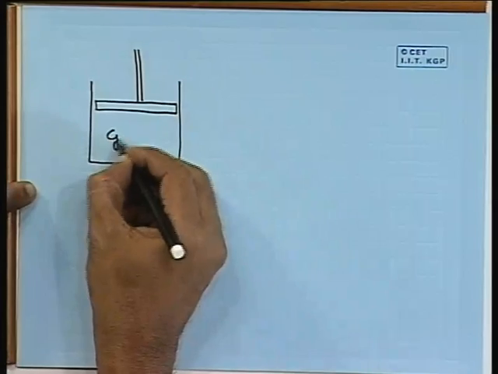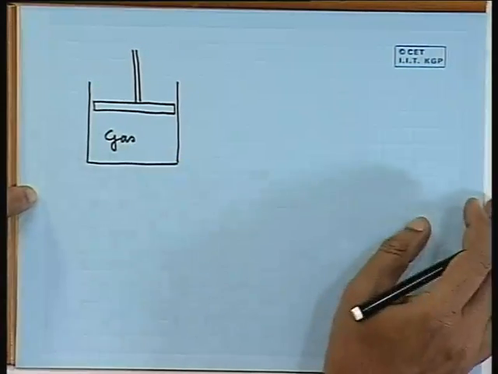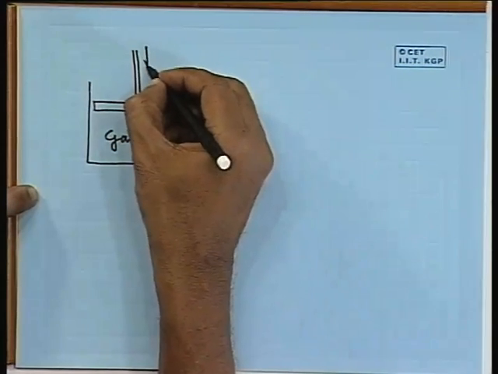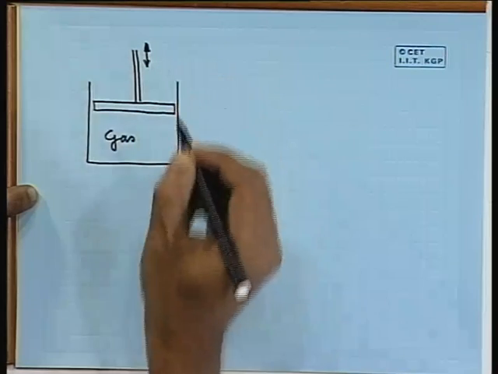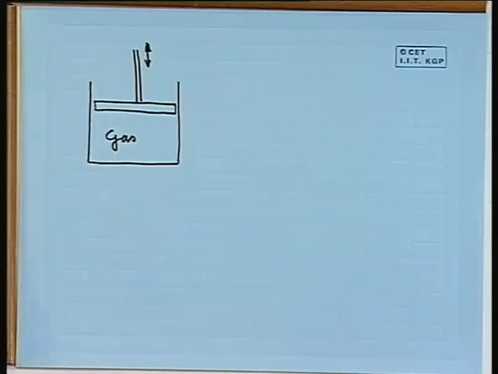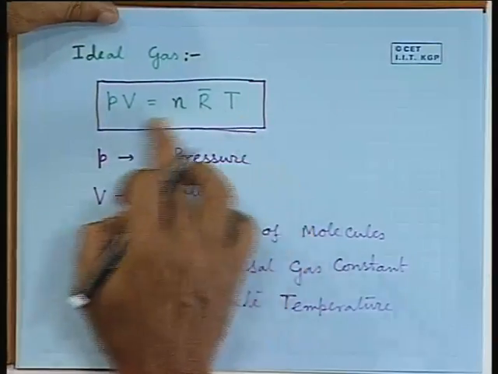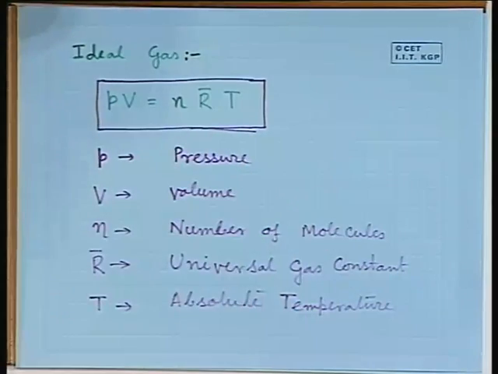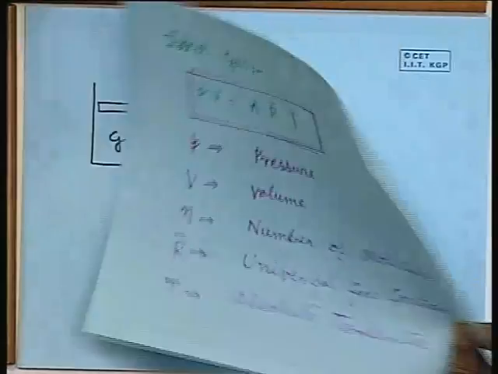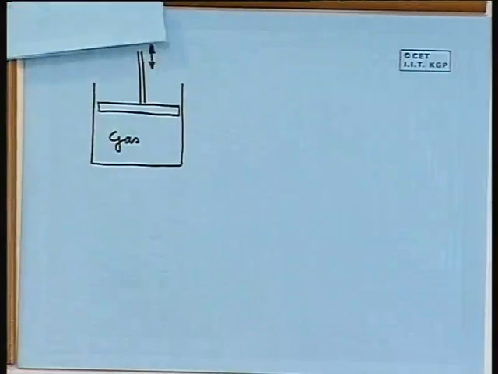This is the gas whose mass remains constant, piston movement is possible, and then we can measure the pressure, volume and temperature. So, at any instant the pressure, volume and temperature, that will follow this type of a relationship, and this is valid for any ideal gas.